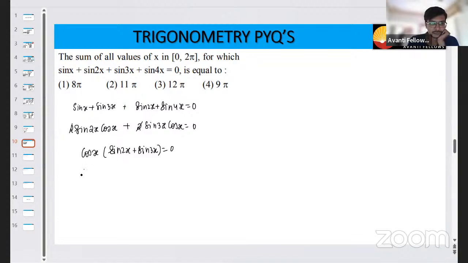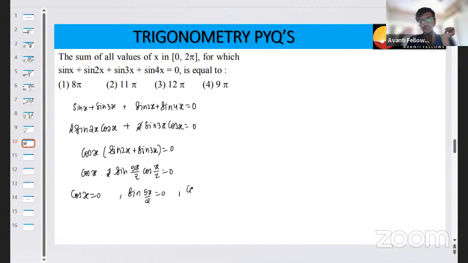Again, we can do here sin plus sin is 2 sin cos. We can cancel out 2. That means cos x is 0, sin 5x by 2 is 0, and cos x by 2 is 0.